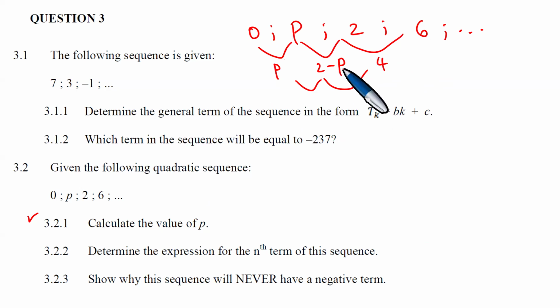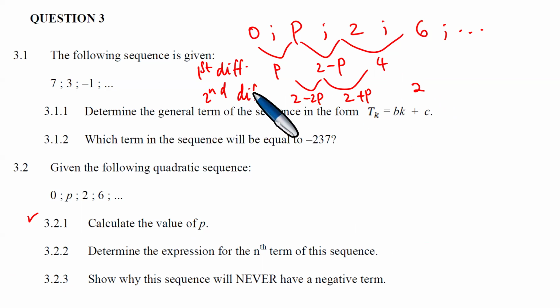Here you have 2 minus p, then 4 minus 2, what is 4 minus 2? It's 2. And then it's going to be plus p because you're going to say 4 minus this. If it's quadratic, the second differences must be constant, because these are the first differences and these ones here become the second differences.